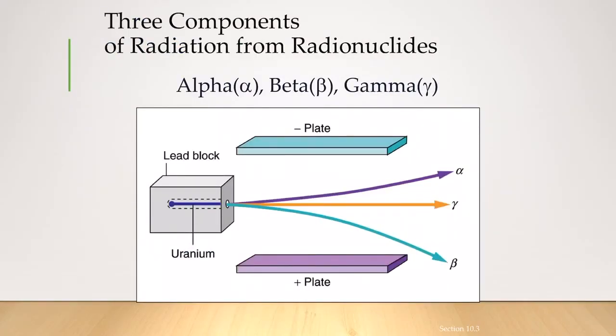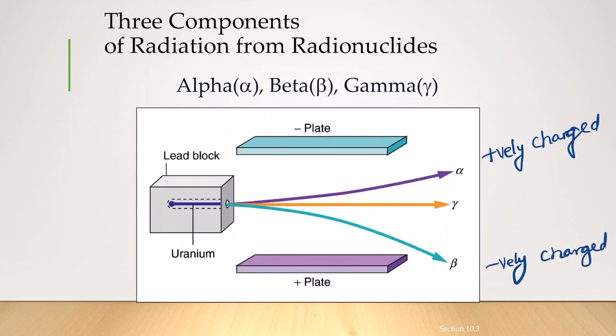These are the three different types of radiation that could be emitted from a radioactive material. The alpha particles are positively charged, and the beta particles are negatively charged, whereas the gamma particles have no charge.